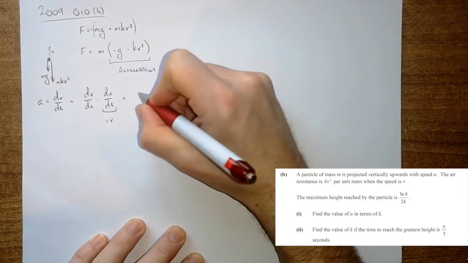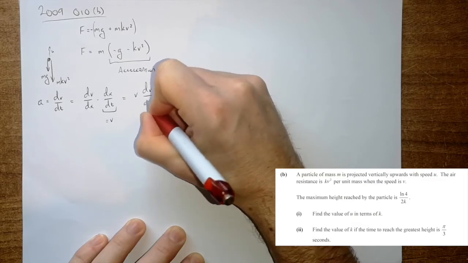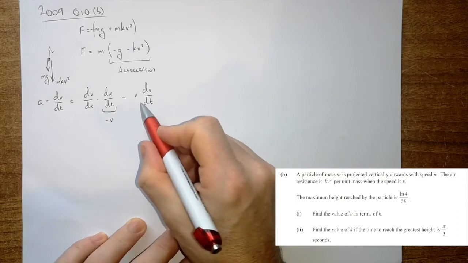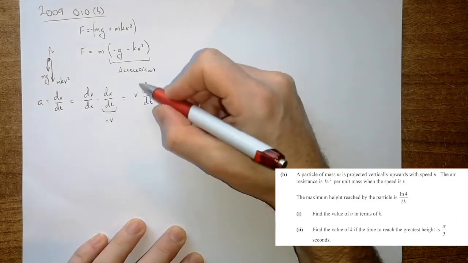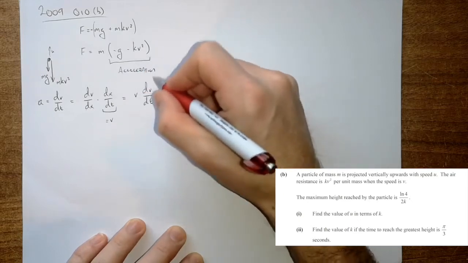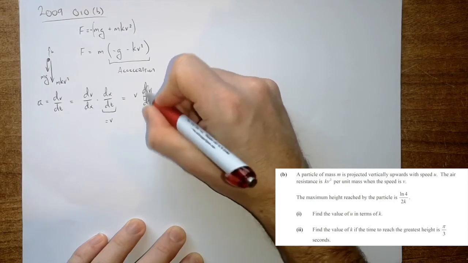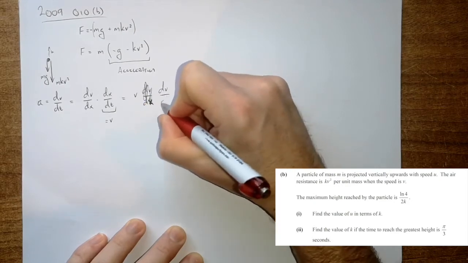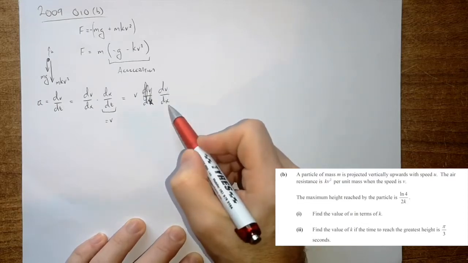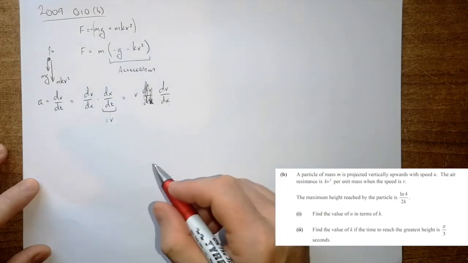So that really equals v dv/dx. This is the relationship we're going to use to link what we know about acceleration with, apologies, dv/dx. This is what happens when you do it bright and early in the morning. dv/dx, of course, because it links our velocity and our displacement. Now that we have that, let's crack into it.